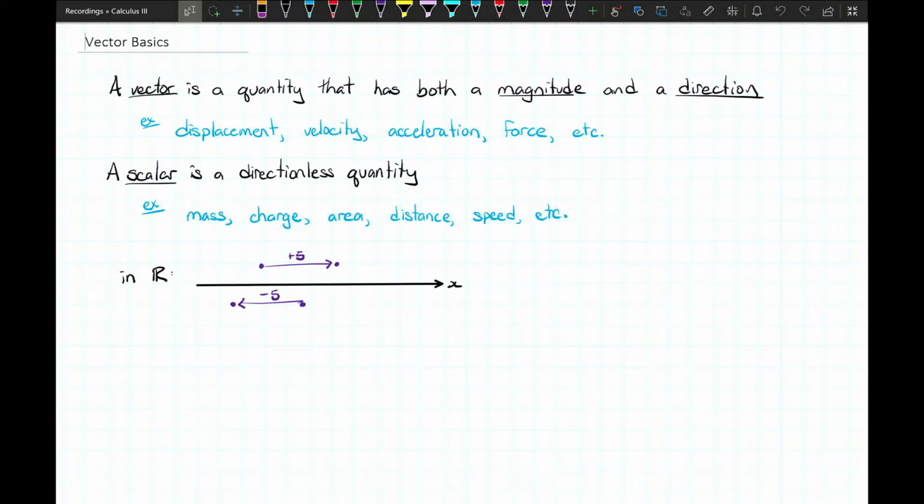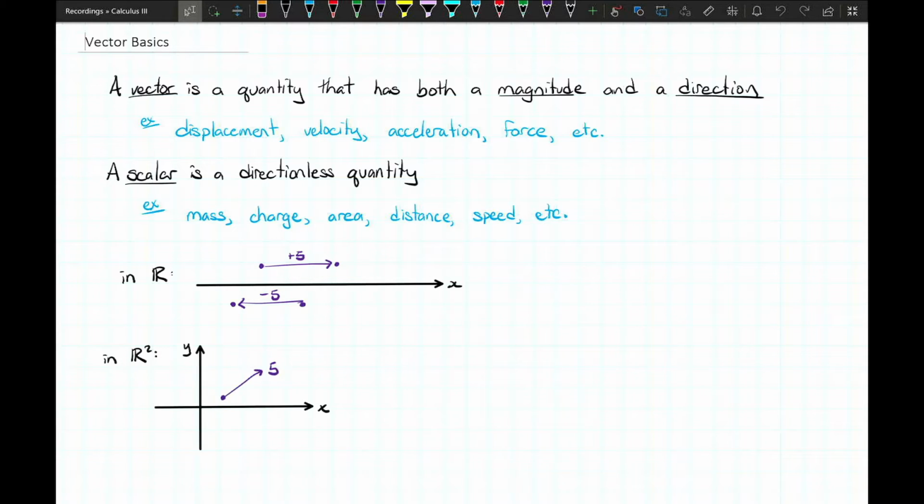So honestly, that plus and minus really already give us a direction. Note that we can have that 5 units of displacement to the right and still not know where our initial and terminal positions are.